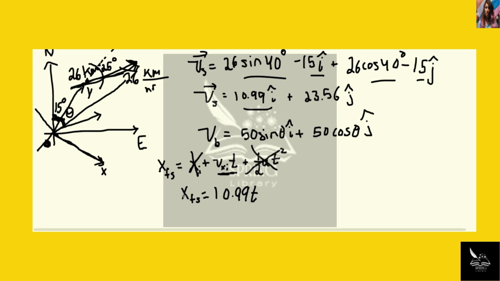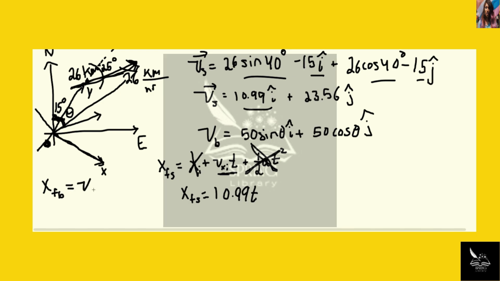Cool. All right, now we're going to do the same thing for the boat. I'll do it over here. X final for the boat. And same argument that I just made. We can skip a little bit of a step here. We're not going to have an acceleration vector, so don't worry about that. You're just going to have your velocity vector and time. But of course, this time it'll be for the boat.